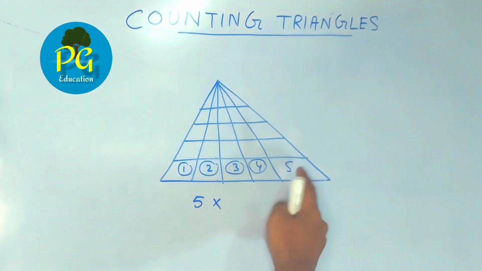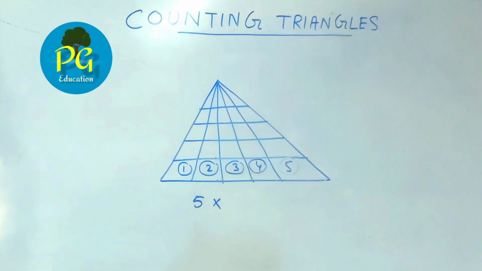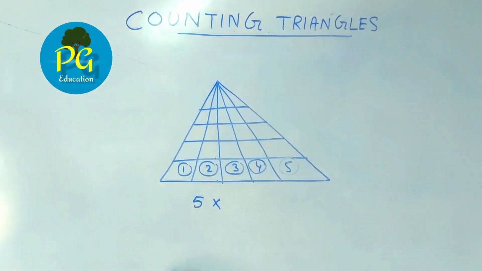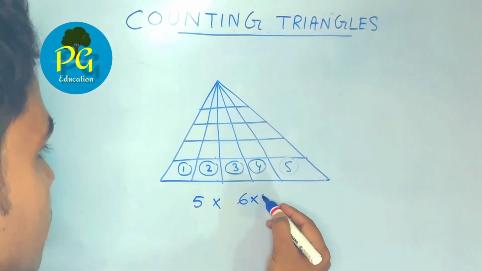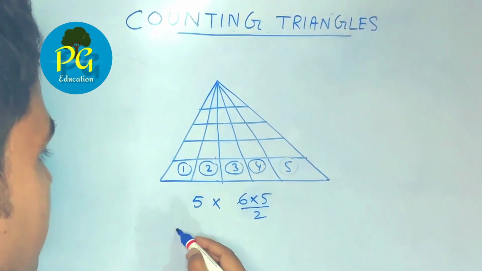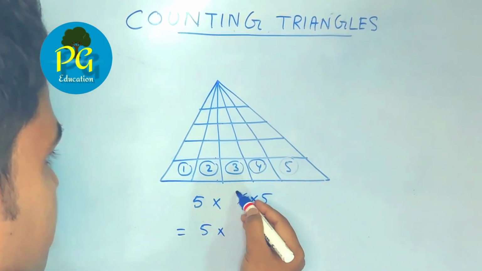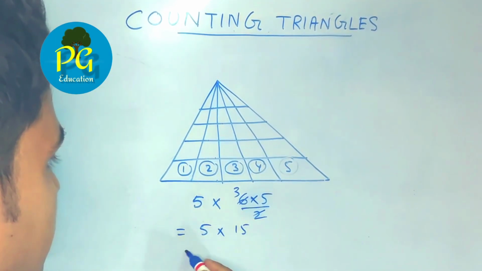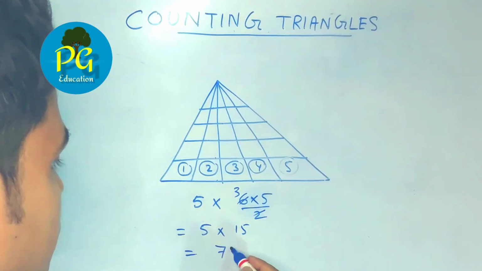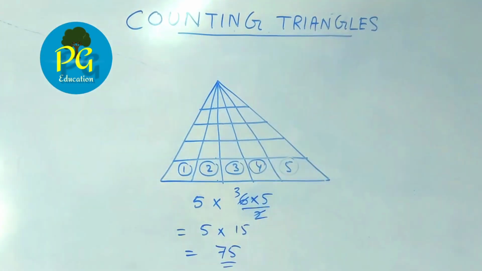The last digit is 5, so 5 plus 1 is 6. So 6 into 5 by 2, 5 into 3 is 15, so 75. You can see there are 75 triangles. So this is the shortest way of counting triangles.